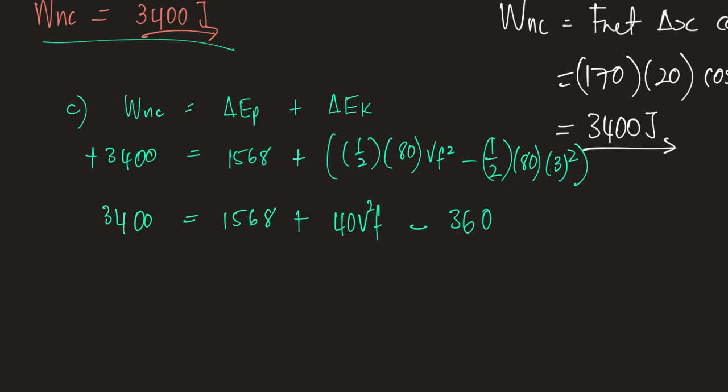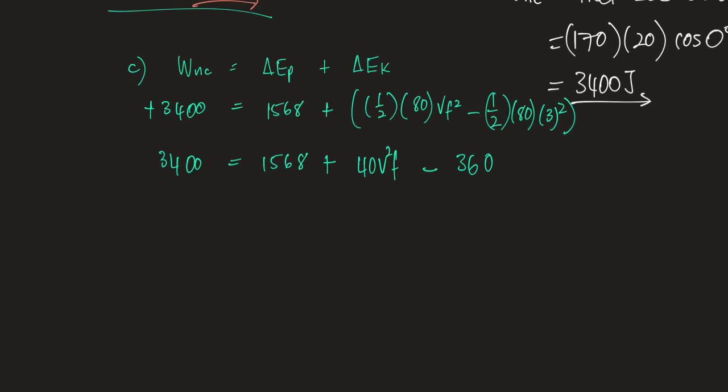Then I need to sort out all of that information. I've got 2192 is equal to 40 VF squared. Then divide both sides by 40 and I've got VF squared is equal to 58.4.